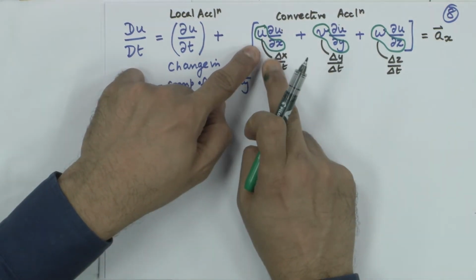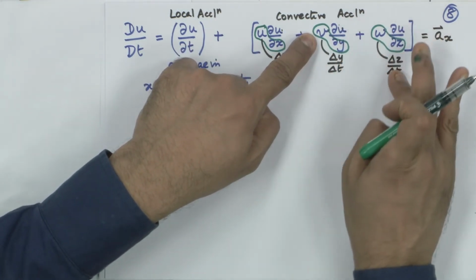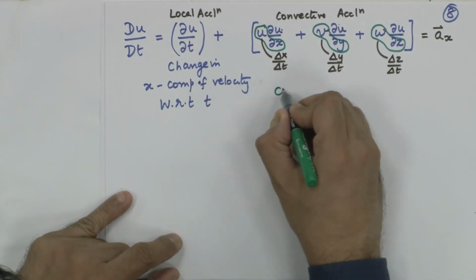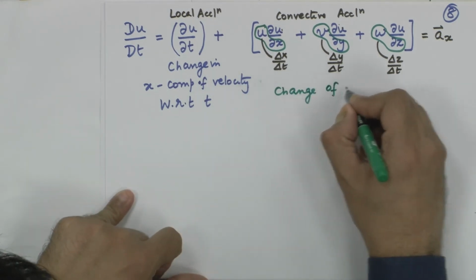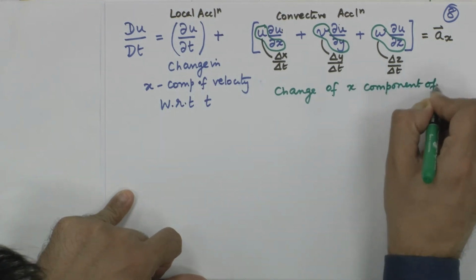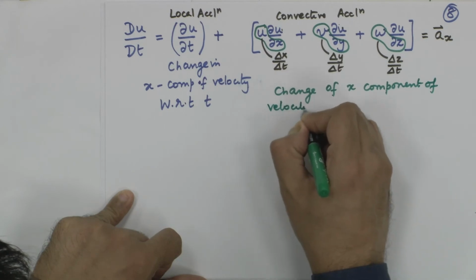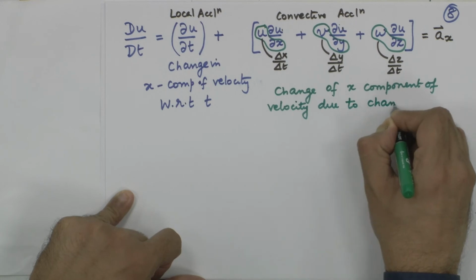U du by dx, v du by dy, w du by dz. Change of the x component of velocity due to change in position.